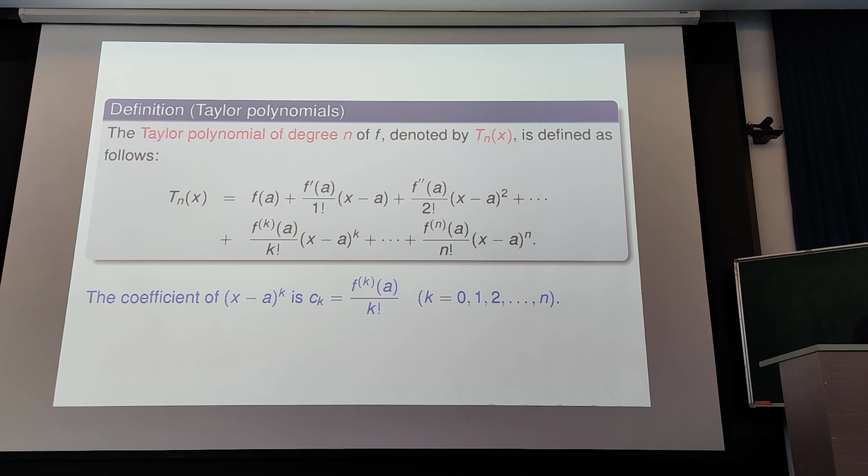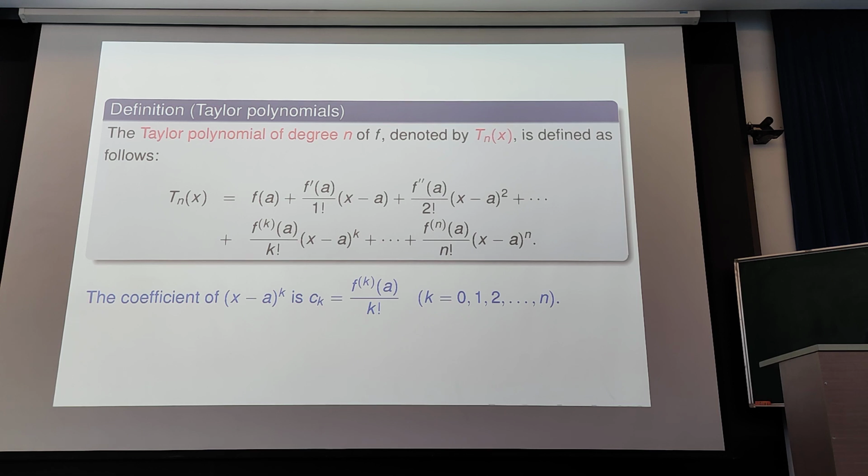You can see in this formula we take only the first n terms of the Taylor series. Here's the first term and here's the nth term to get the Taylor polynomial.